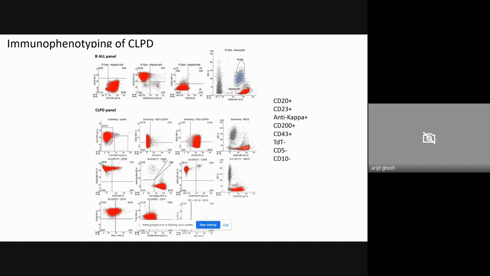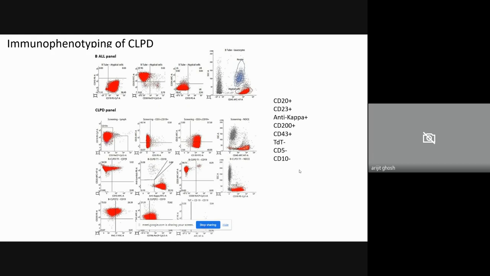Now this is a case of CLPD, chronic leukemia. Here you can see that CD20, CD23 is positive, and anti-kappa is restricted here. So anti-kappa is positive there, and CD200 is positive, CD43 is positive, and some other markers like TdT, CD5, CD10 are also negative.